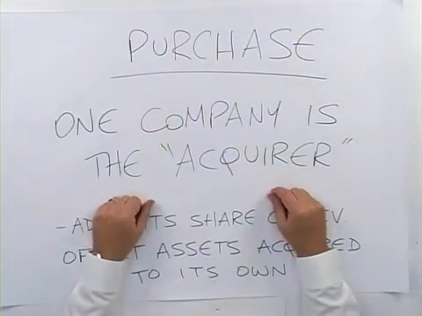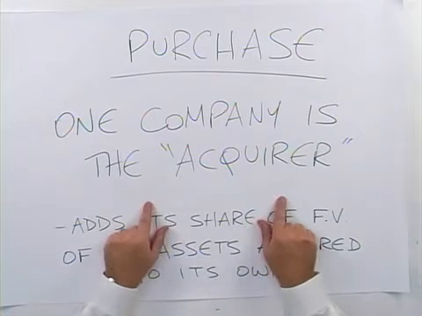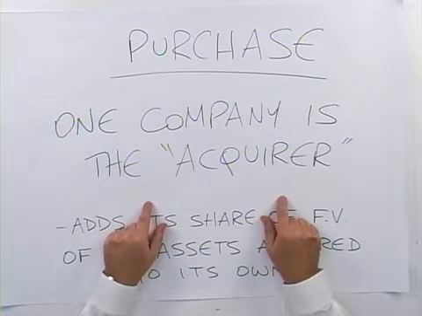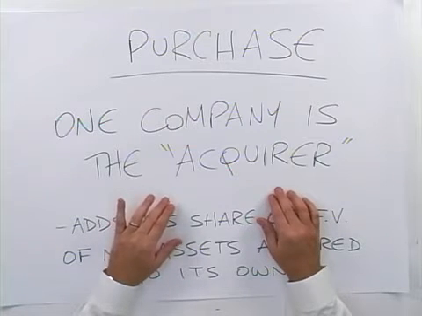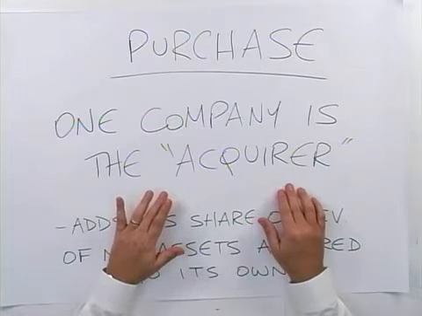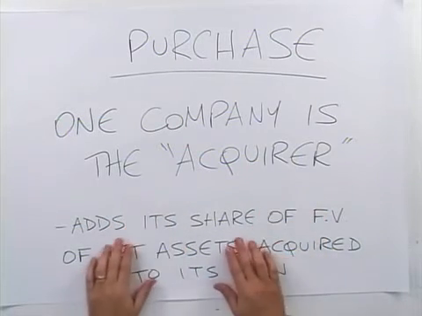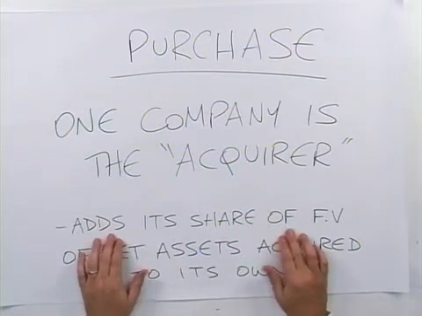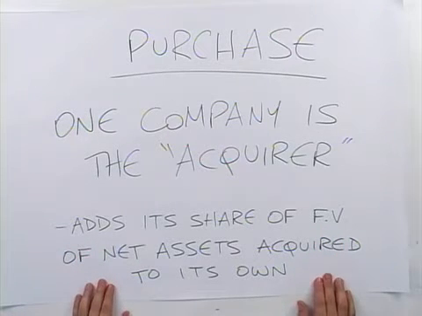Purchases first, since that's the one that's most common in today's business environment. In a purchase, one company is always considered the acquirer of the other company. They don't have to be the same size, not even close, but there's always one company that can be said to be buying the other. And on the balance sheet, what happens is that that company adds its share of the fair value of the net assets acquired to its own.